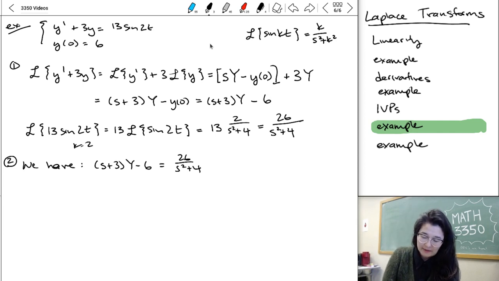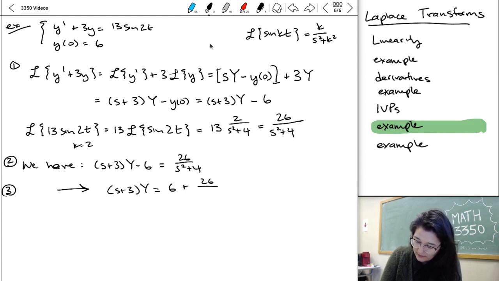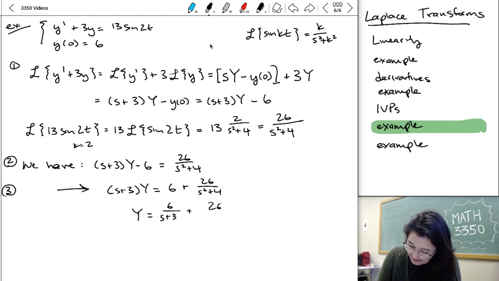Once I have that, it's possible for me to do step 3, solve for Y. That means that (s + 3) times Y is equal to 6 + 26 over s² + 4, or Y is equal to 6 over s + 3 plus 26 over (s² + 4)(s + 3).